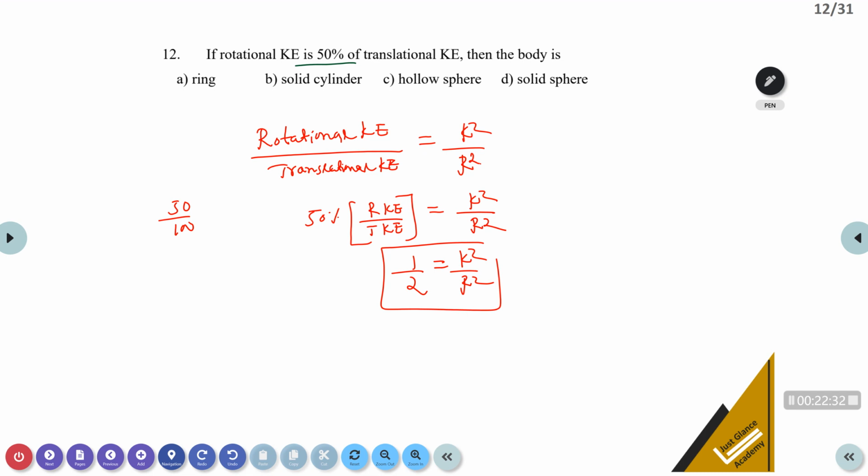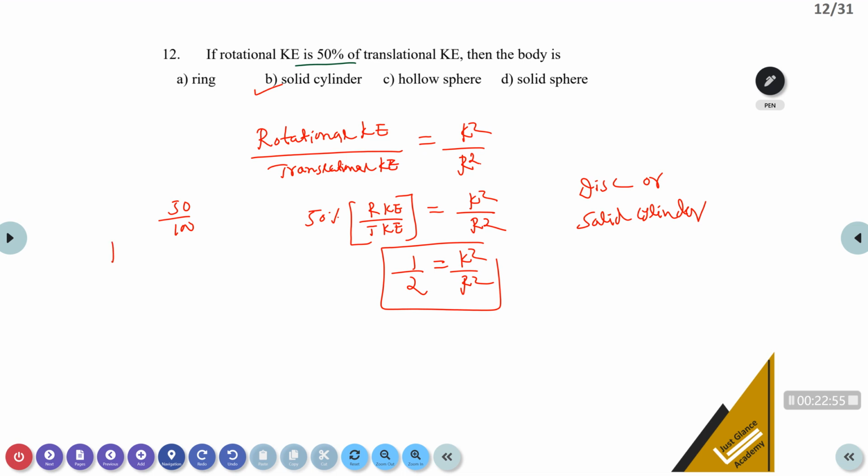Recall it. K square by R square equal to 1 by 2 is for either the disk or the solid cylinder. So this is the right choice.